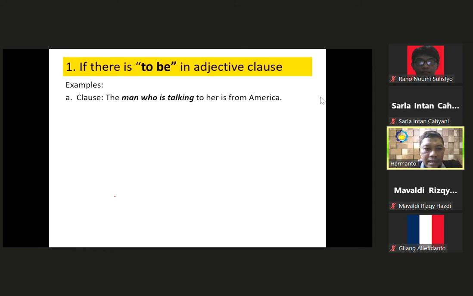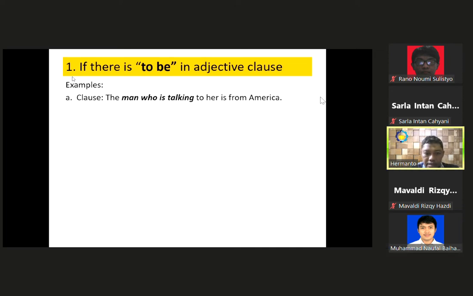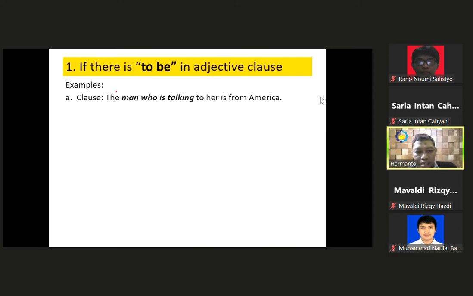Now, everybody, please show me which is the adjective clause from this sentence. Who is talking to her? Okay, excellent. Thank you, Muhammad. So the adjective clause is who is talking to her.